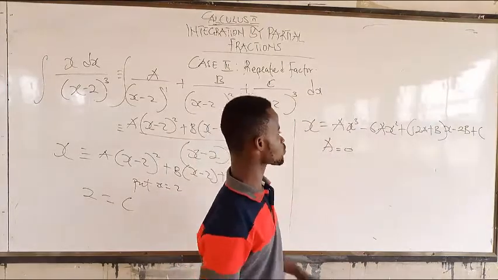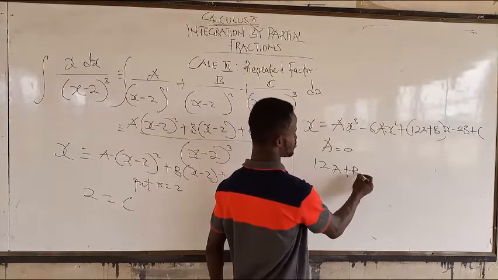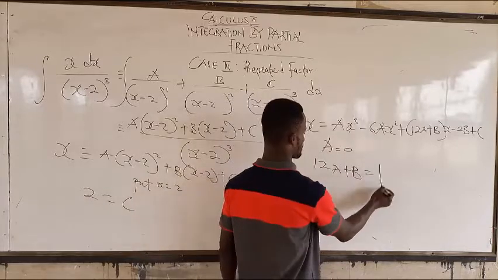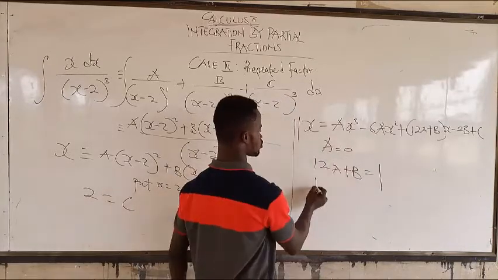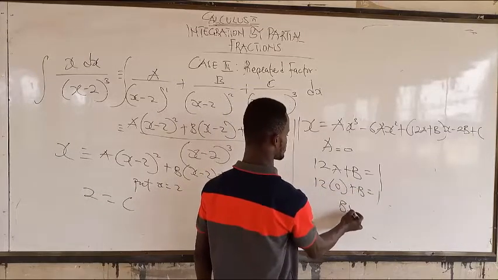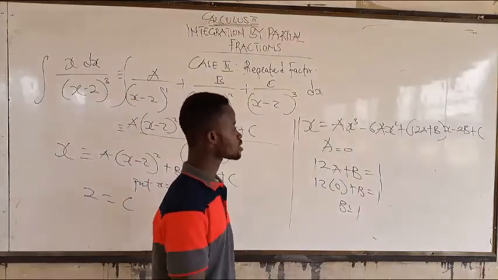So let's move to the next one. 12a plus b. The coefficient of s here is 1. And we know a is 0. So 12 times 0 plus b is equal to 1. So b is 1. Hope you can see that. Then we go for c.